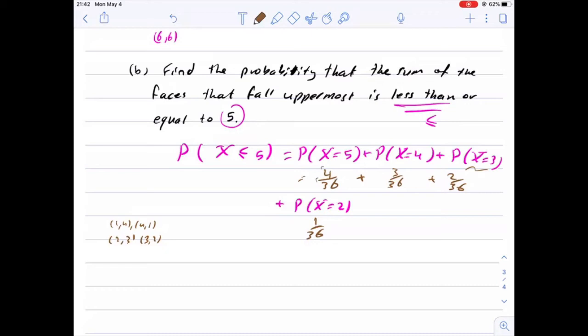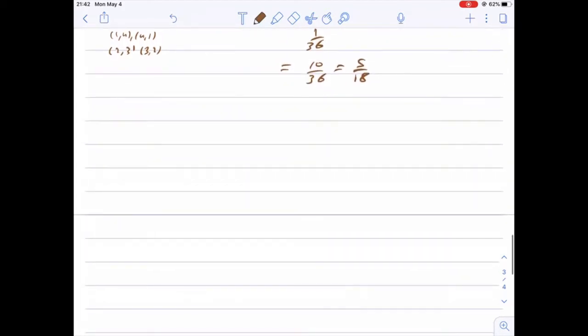If we start with 4 over 36, then for each next one we reduce the numerator by 1, and then we get the sum. It's 10 over 36, which is 5 over 18.